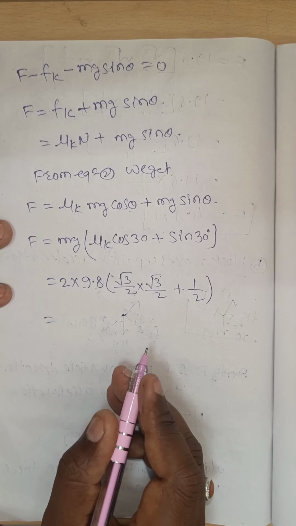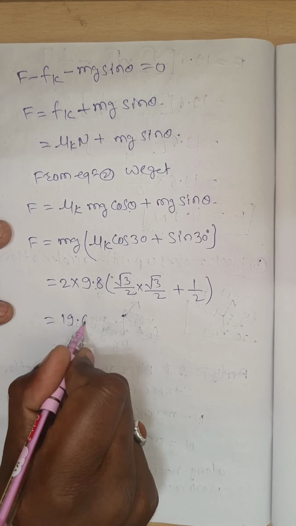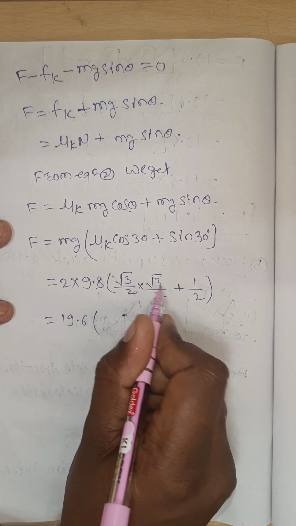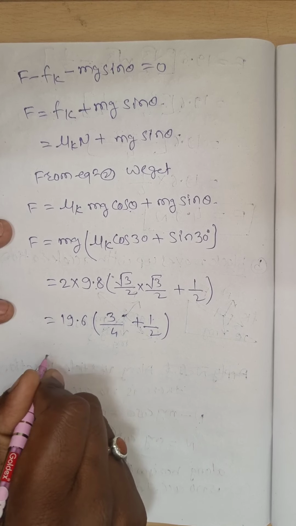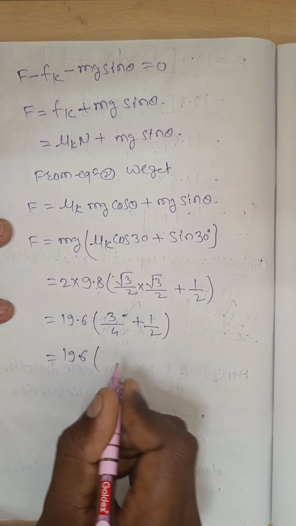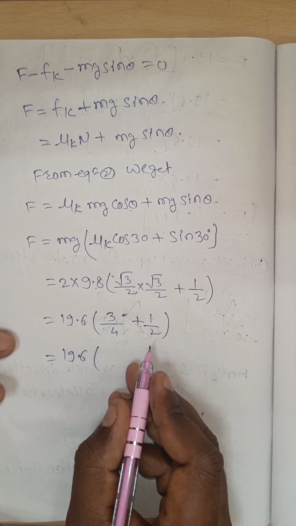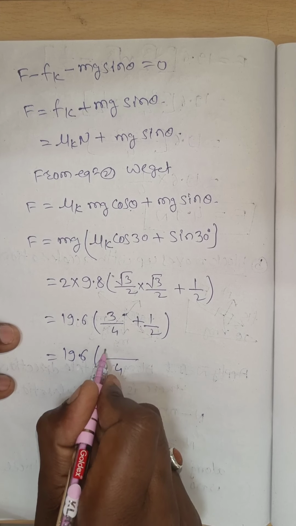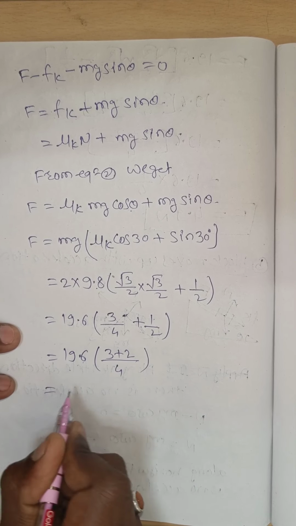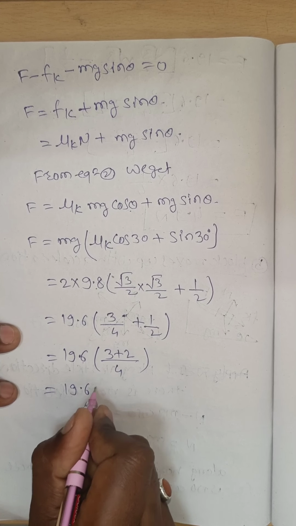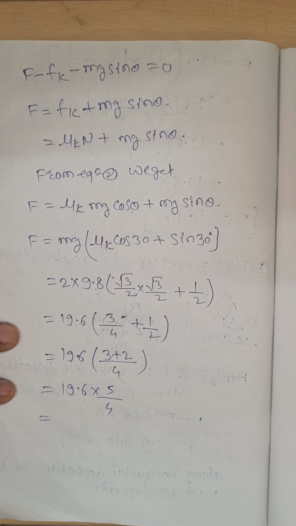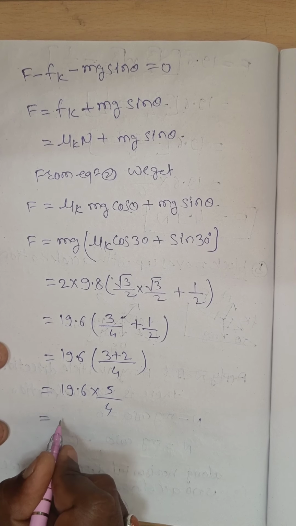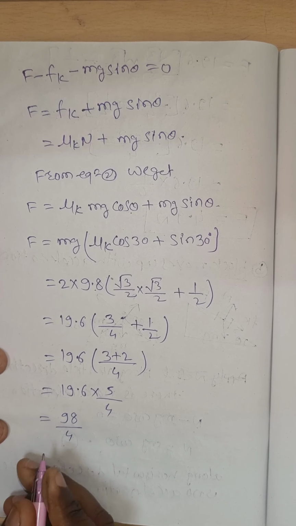This is 2 into 9.8, which is 19.6, into root 3 by 2 into root 3 by 2, which becomes 3 by 4, plus 1 by 2. With denominator 4, that is 3 plus 2, which is 5 by 4. Then 19.6 into 5 gives 98, divided by 4.